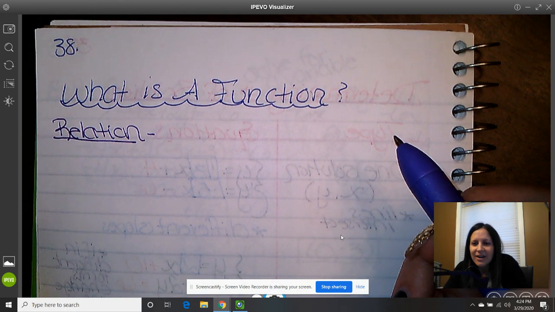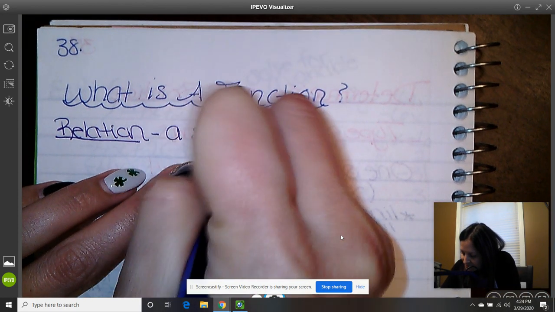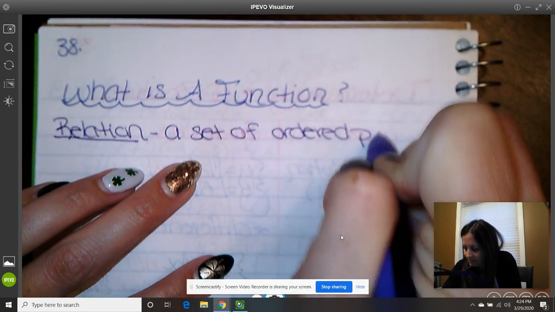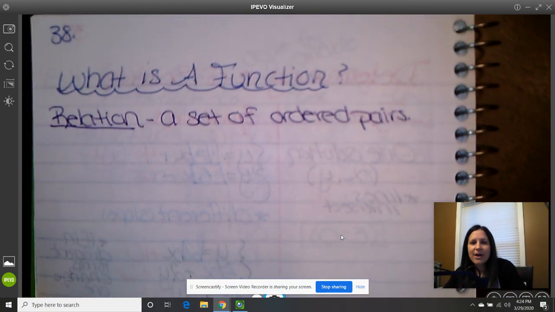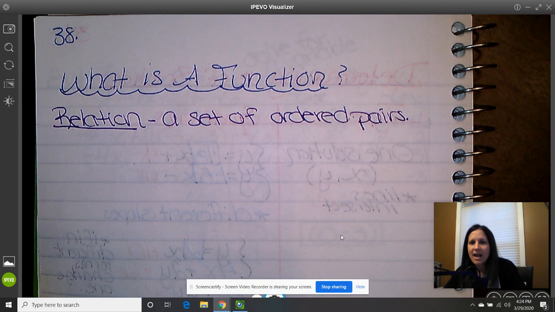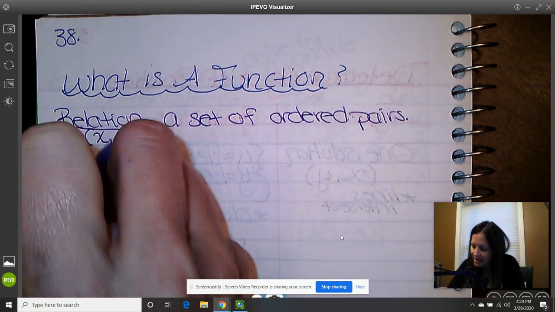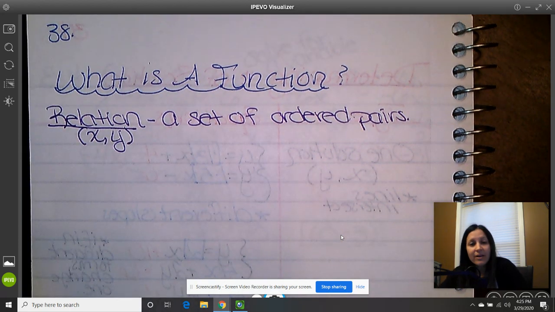So anyway, a relation is a set of ordered pairs. That's it. So you have your ordered pairs, and we know that in an ordered pair we have X and Y. Somehow that Y is related to the X, and they're in a relationship, and that is shown by the parentheses.